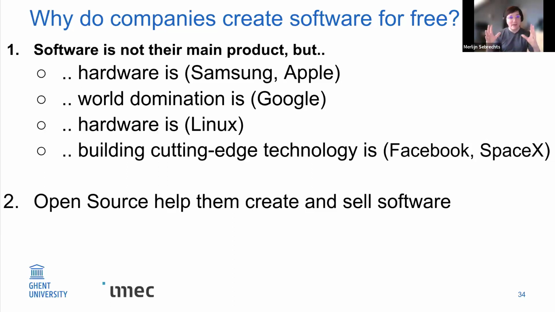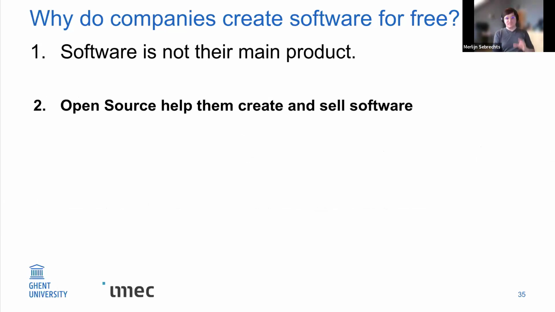Google has so many different services that they want to sell, and the way they sell them is by using open source software. Or hardware is why so many companies are investing in Linux or building cutting edge technologies, and they want more people who can actually help them build cutting edge technology.